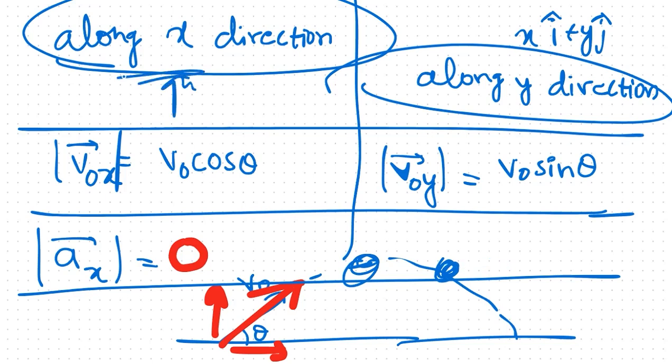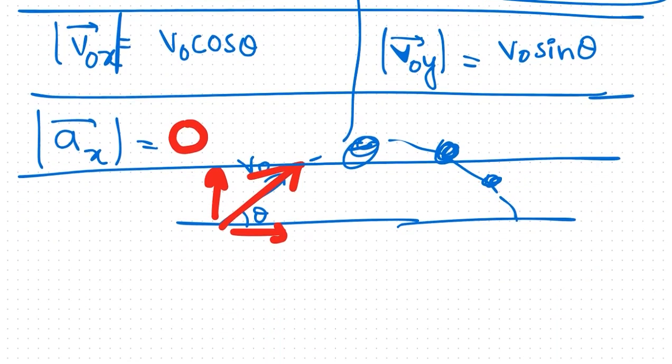Along x direction, whatever path you take, the x component of velocity will be constant, v naught cos theta. Makes sense.